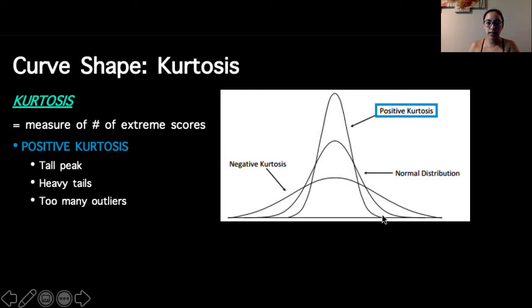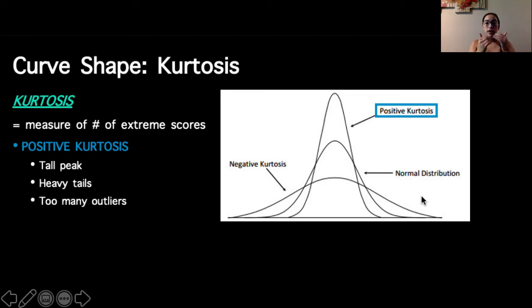It doesn't look like it in this picture, but just imagine that this line extends very, very close to the x-axis. Okay. So positive kurtosis is characterized by a tall peak, long, and what we call heavy tails, so they sink towards the x-axis, if you will. And those long, heavy tails are going to be indicative of a lot of outliers, right?